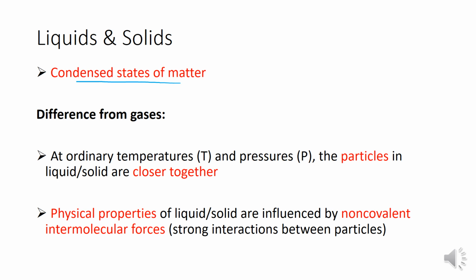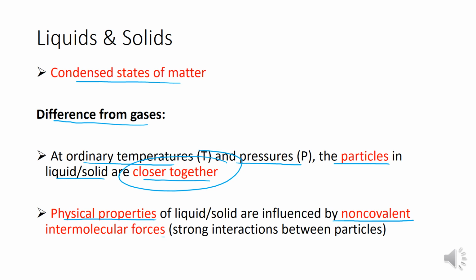Liquids and solids are different from gases because at ordinary temperatures and pressures, for example, at room temperature and standard atmospheric pressure, the particles in a liquid or solid are closer together. Because of this, the physical properties of a liquid or solid are influenced by what we call noncovalent intermolecular forces, which are simply the strong interactions between the particles of a liquid or solid.